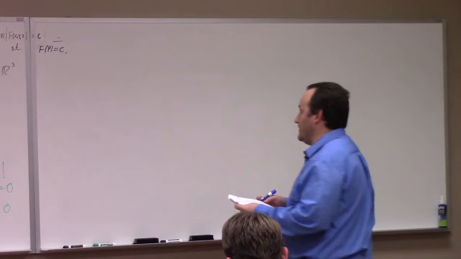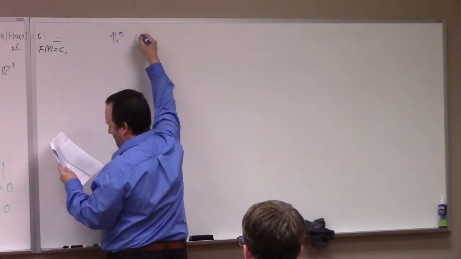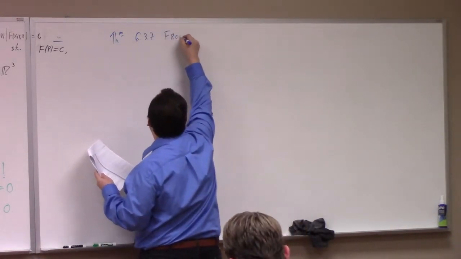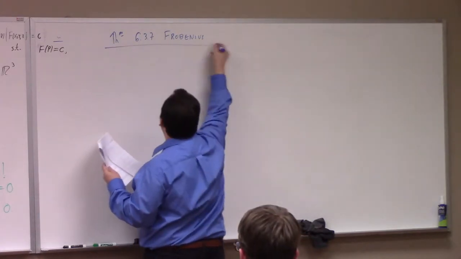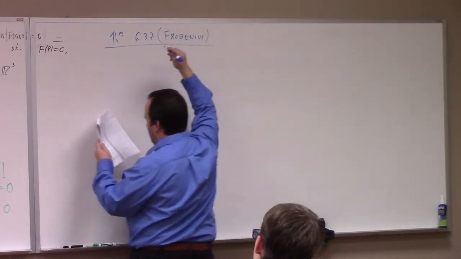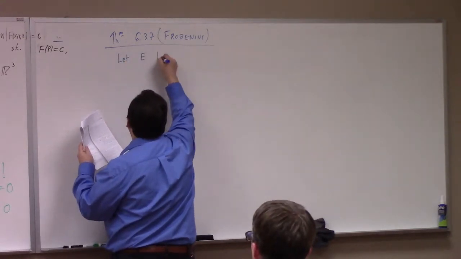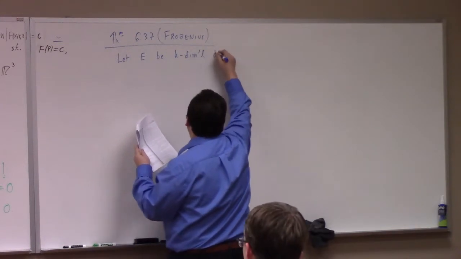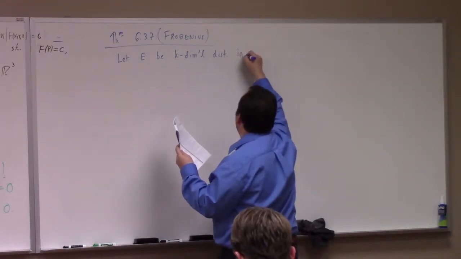So here's Frobenius' theorem. It states the following. Let E be a k-dimensional distribution in Rn. What's that mean?